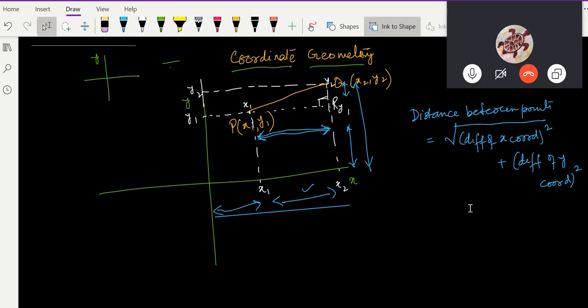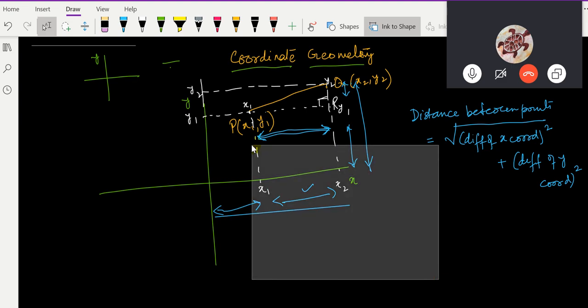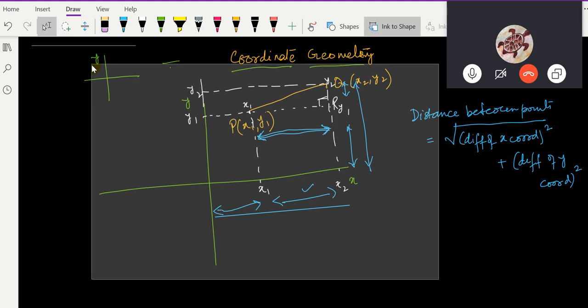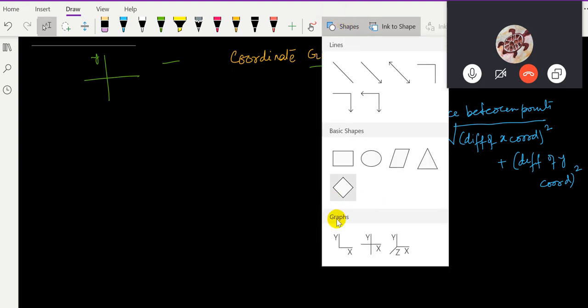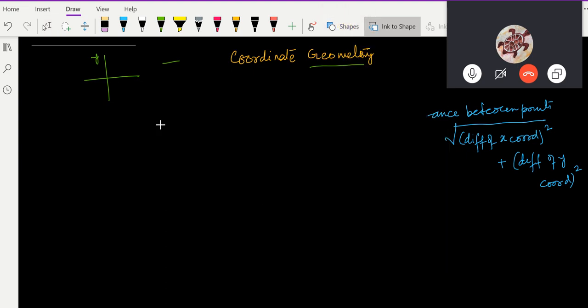Now let us see how we can calculate anything else on this. Let me draw the x axis, y axis.